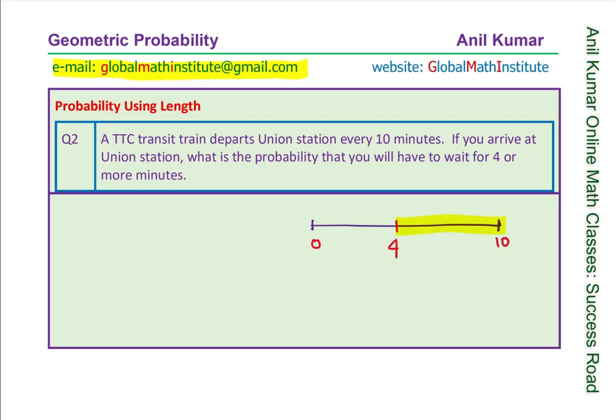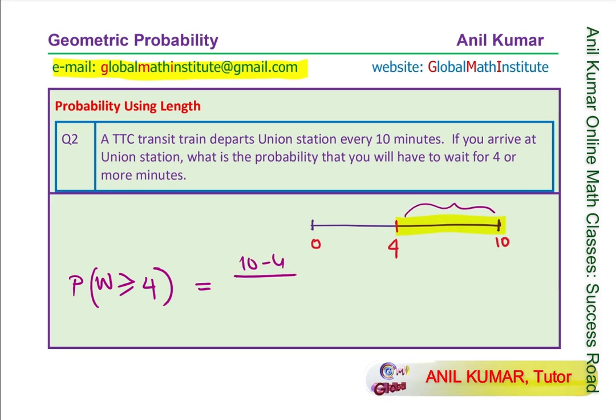And therefore, we can say that the probability of waiting, let's say W, greater than or equal to 4, will be what? So 4 to 10, that distance, so that is 10 minus 4 over the total distance, 10 minus 0.